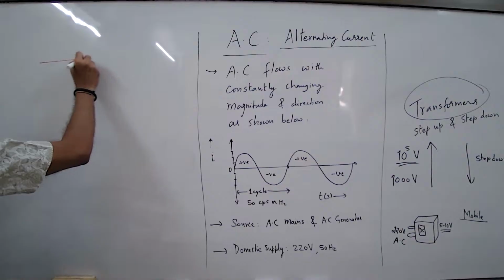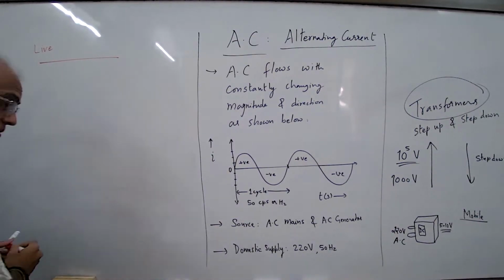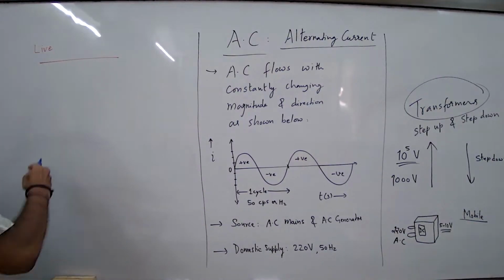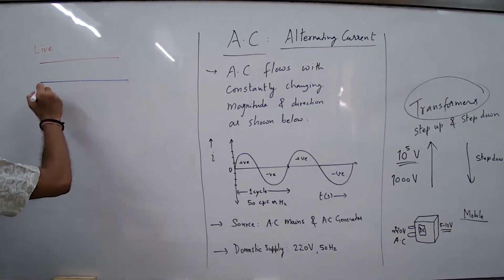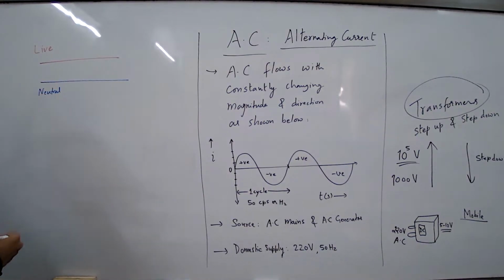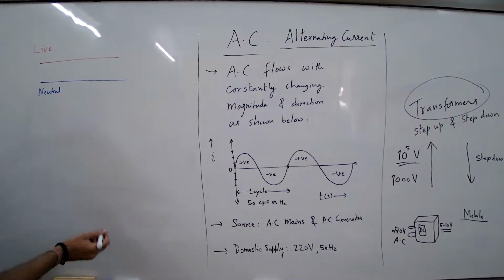So one is called line, the other is neutral. Okay. And then you have ground.